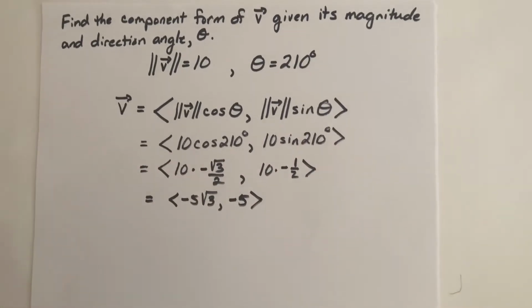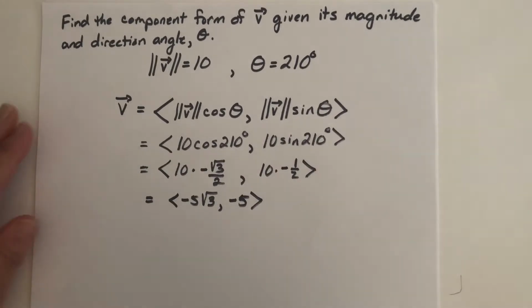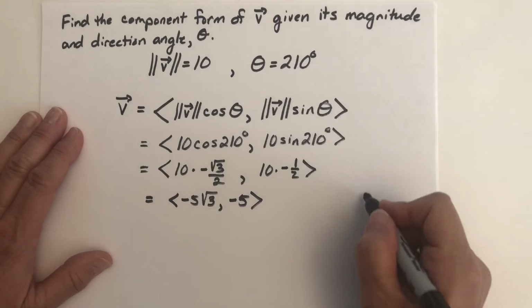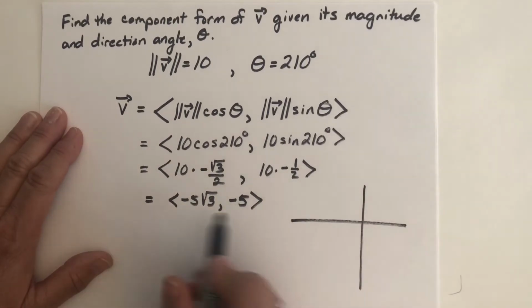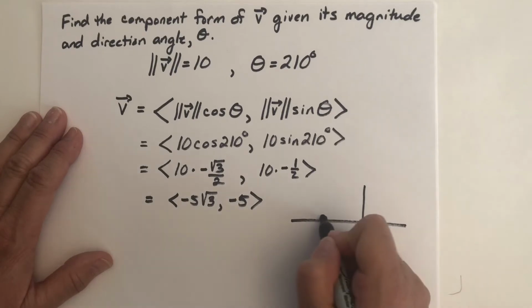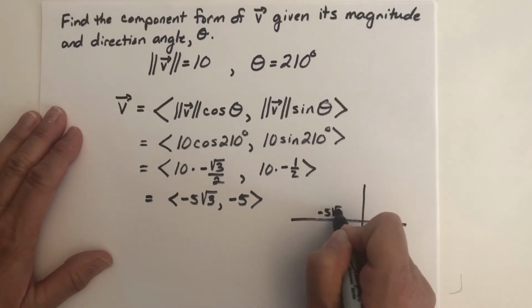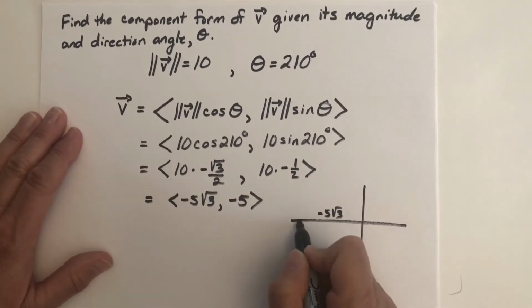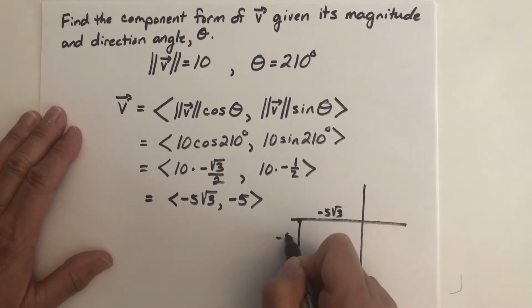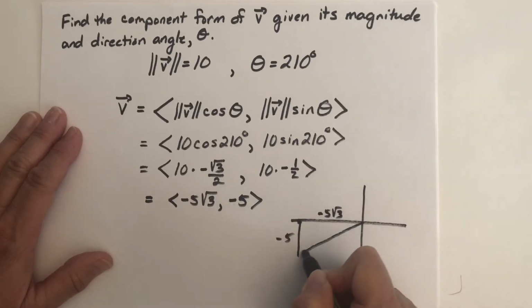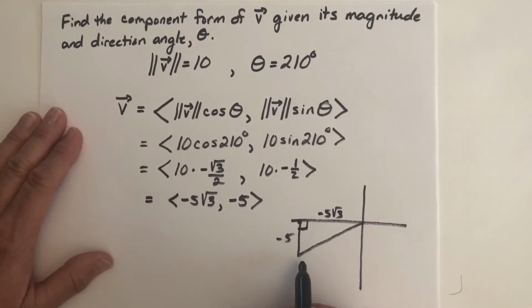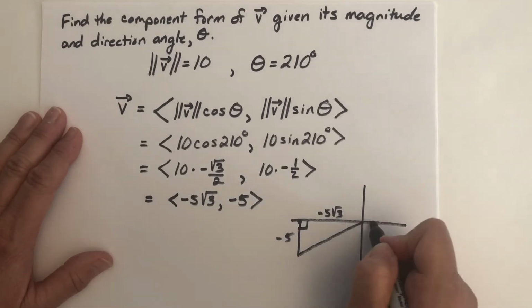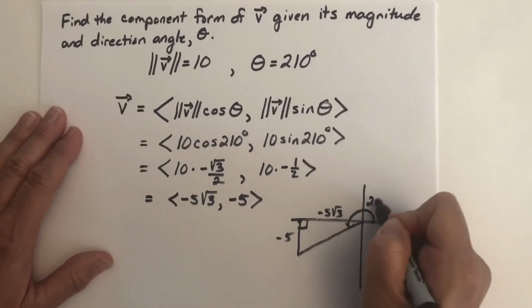And I hope you would recognize if we draw a picture, this is exactly what we would expect. Let's draw it. This component was negative 5 square root of 3. The y component is negative 5. And we have our special triangle, our 30-60 right triangle, with this being our 210 degree angle.